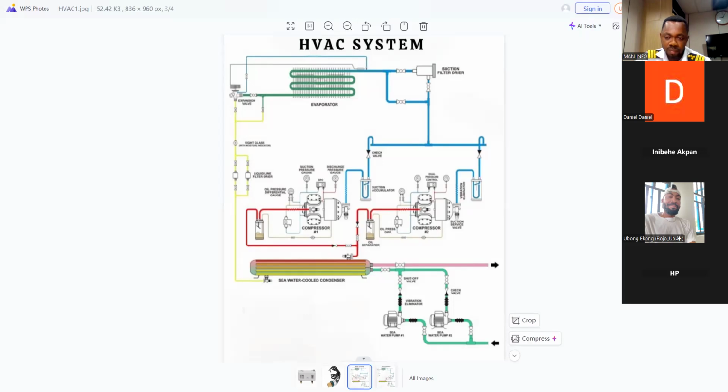Most times there's always ice towards the discharge side of the reefer compressor. Too much ice, and sometimes it's going to cut off. Then after some time, we allow the ice to defrost. After defrosting, we use something to break the ice.